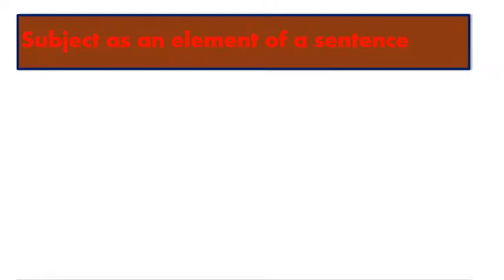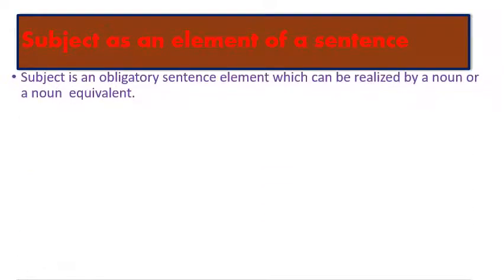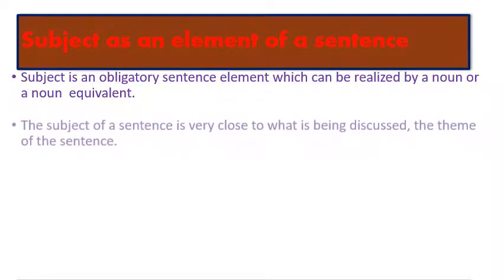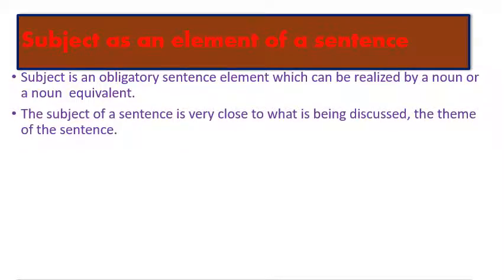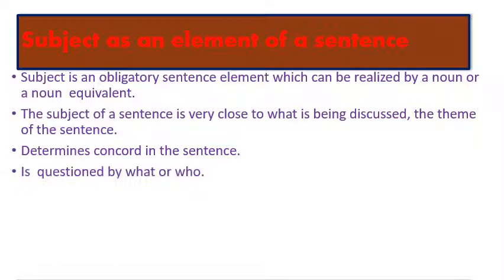Now, what is a subject? A subject is an obligatory sentence element, which is usually realized by a noun or a noun equivalent. A noun equivalent includes the pronoun, the noun phrase, noun clause, and gerund phrase, and others.